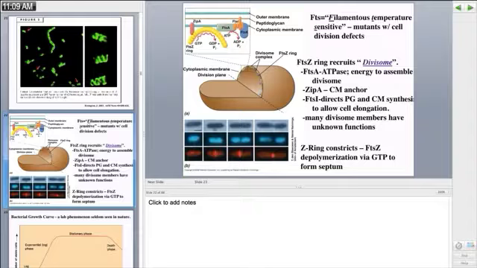It also is associated with other proteins that will, among other things, make certain that at the site of that Z ring, which is going to be the site of the new septum formation, peptidoglycan synthesis is maximized at that point. And this makes sense because the septum that's being formed between two nascent cells has to have more cell wall material synthesized. So proteins like this FtsI, you can see that this protein communicates information between the cytoplasm of the cell and the periplasm in the case of this gram-negative bacterium.